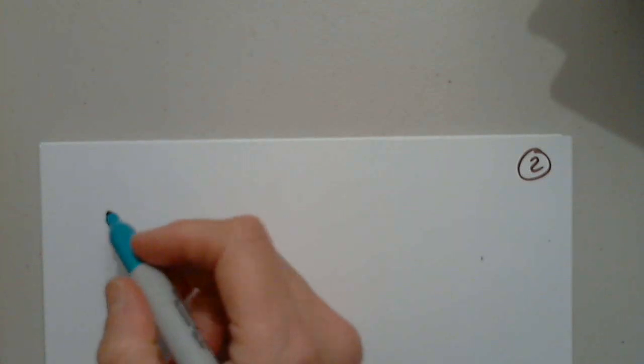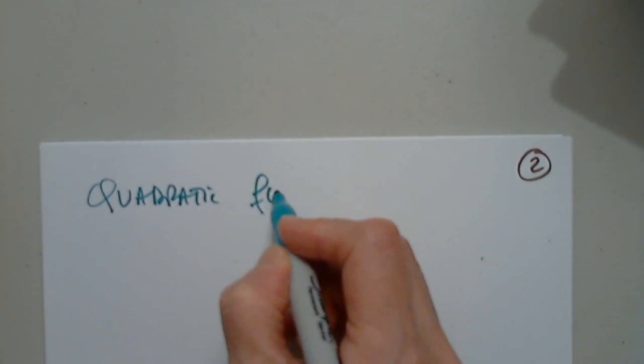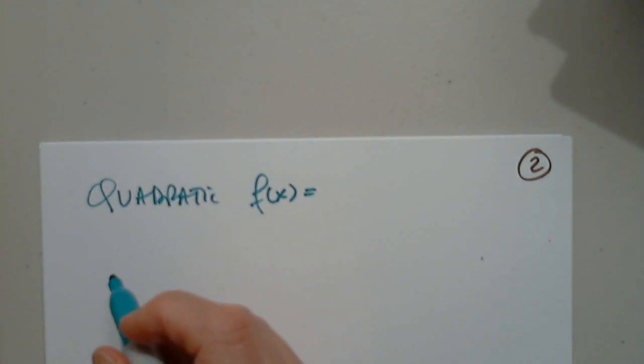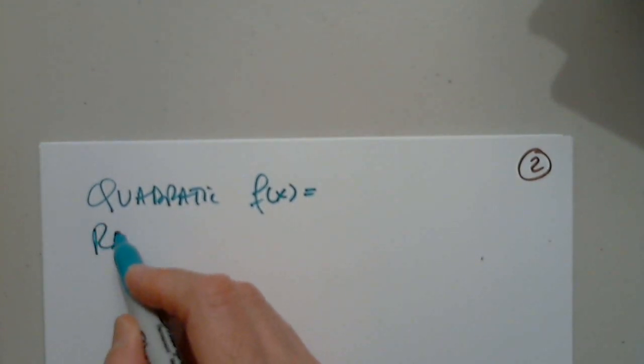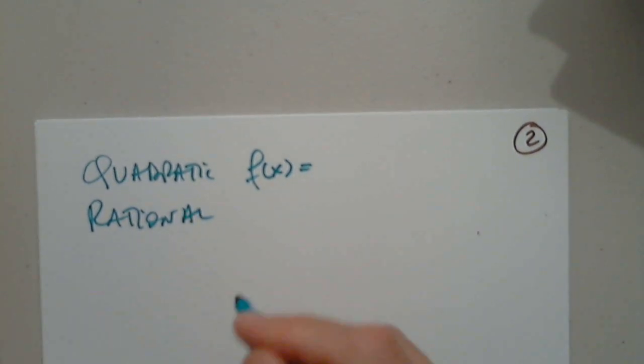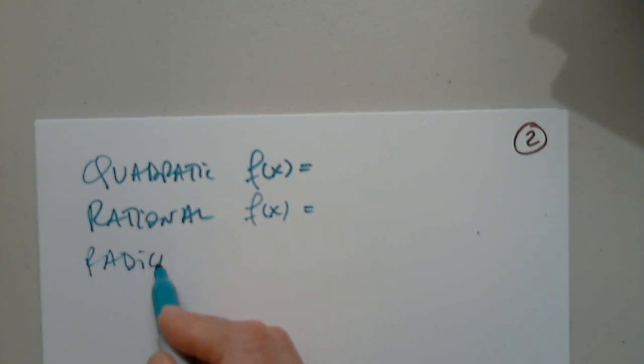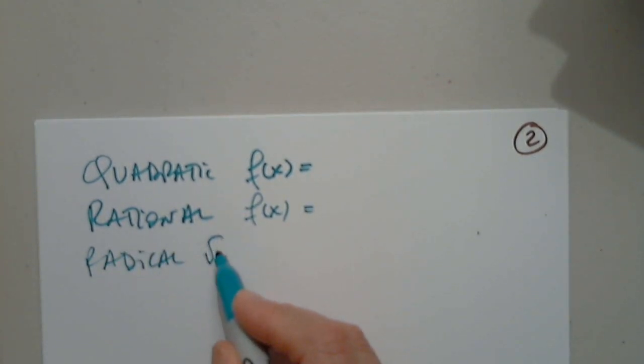I would like us to determine the derivative for, let's say, a quadratic. Let's say we want a rational. Let's also say a radical. And I would like to start with the simplest one, which is the square root of x.